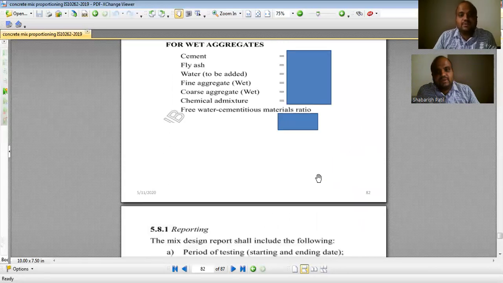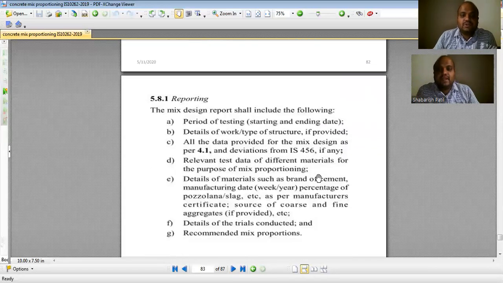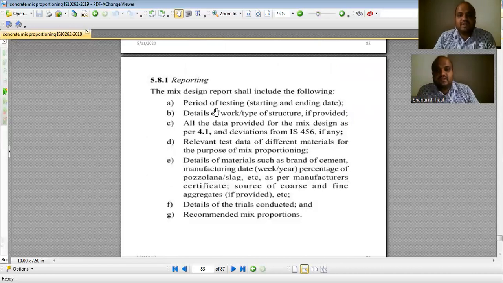So this is what is going to be reported. The report shall consist of the period of testing, details of work or type of structure, all the data provided for the mix design, and relevant test data of the different materials, like the grade and sieve analysis of coarse aggregate and fine aggregate. Specific gravity value we require.